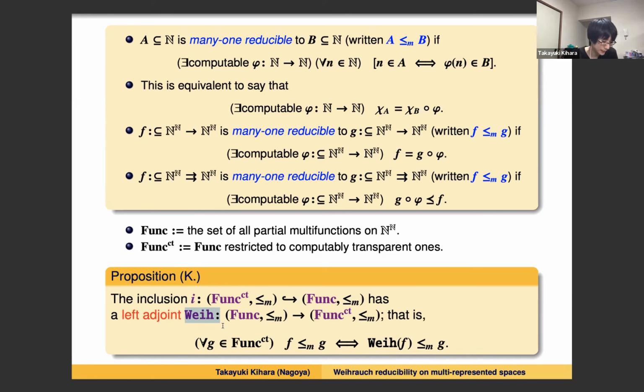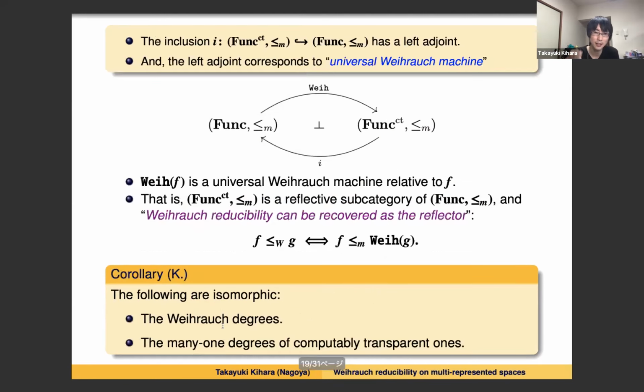Our claim is that computable transparency is in fact a complete characterization of the universal Weihrauch oracle machine, in this sense. So via is left adjoint to the inclusion map, and the point is that using this via, we can recover Weihrauch reducibility.